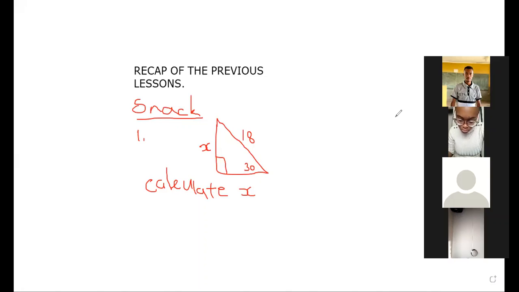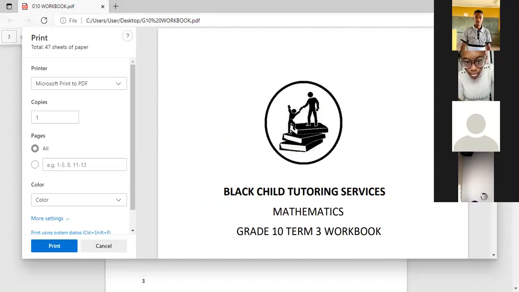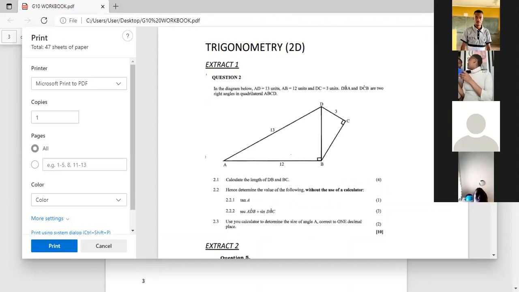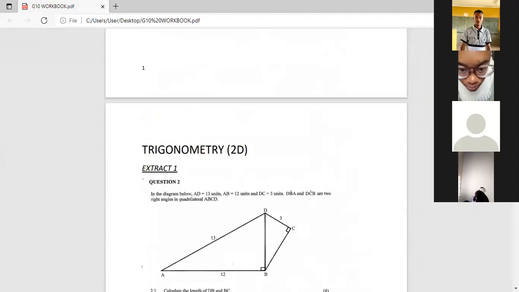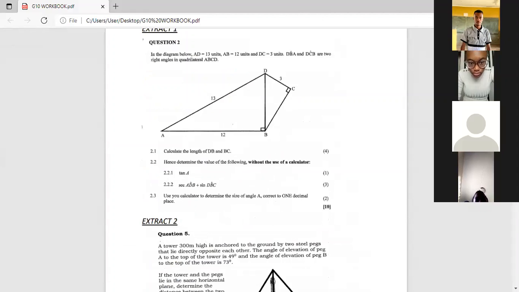And then today we are consolidating the first part of the workbook, which was trigonometry part 2. I think we did the first extract.